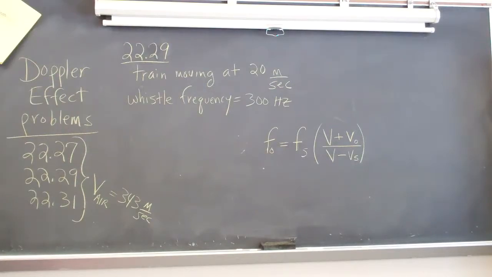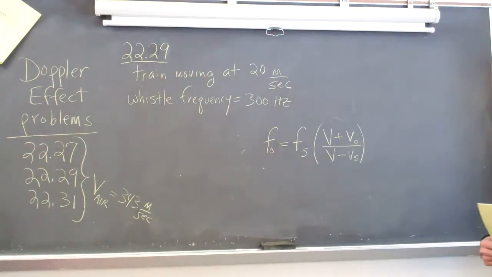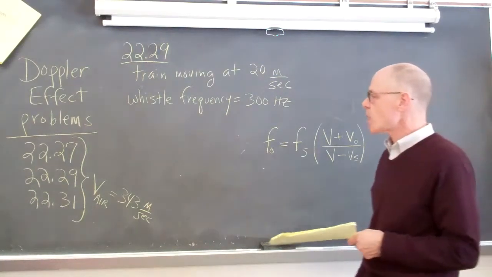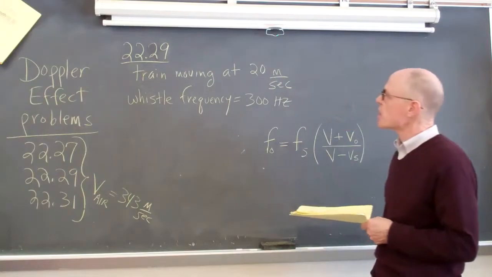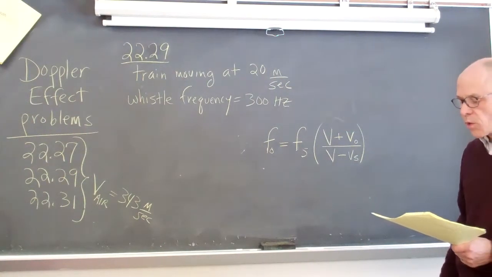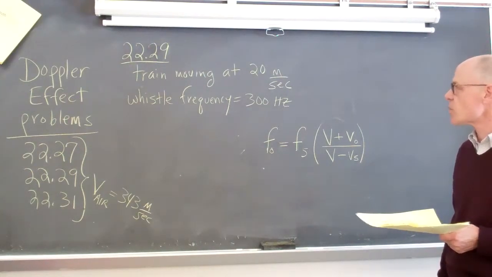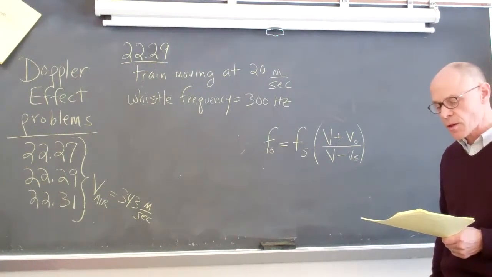Now let's take a look at the next problem, problem 29. Very similar to number 27, just a few minor changes in the given information. Once again, speed of sound in air is given as 343 meters per second. So now we have a train that is moving at 20 meters per second, blowing its whistle at a frequency of 300 hertz, and approaching a stationary observer.